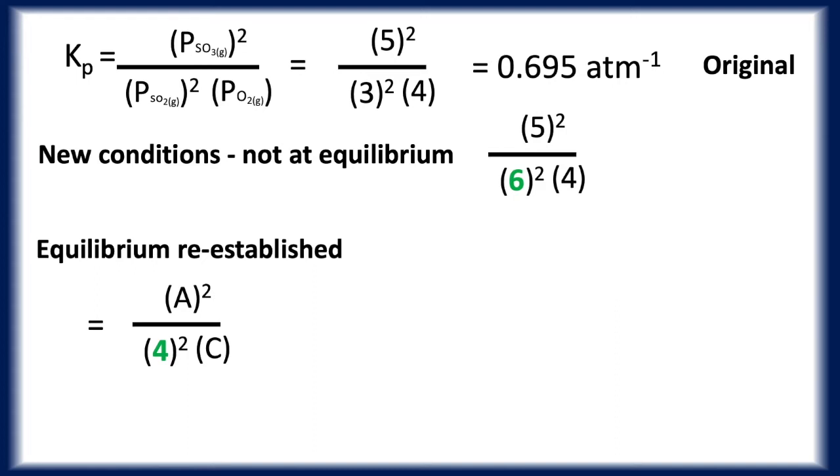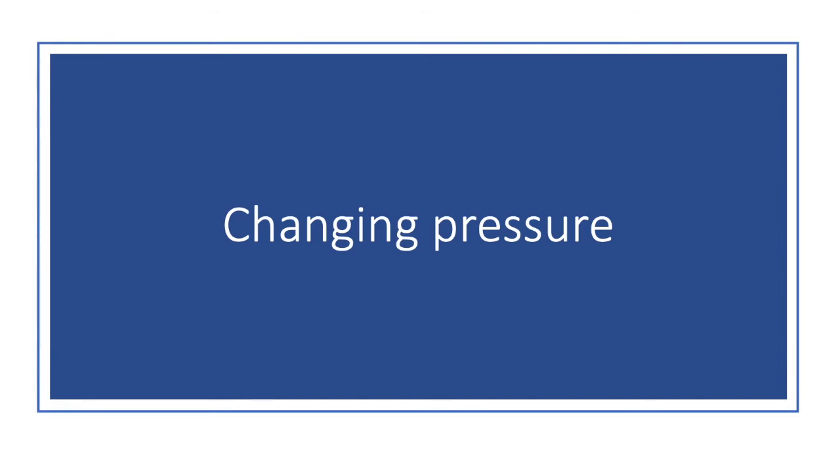So I have to re-establish my equilibrium, and I could perhaps do that by the 6 atmospheres for the partial pressure of SO2 becoming 4, and the partial pressure of O2 becoming 3, and that would mean that the partial pressure of SO3 becomes 5.78, and that would again give me a Kp value of 0.695 atmospheres to the -1.